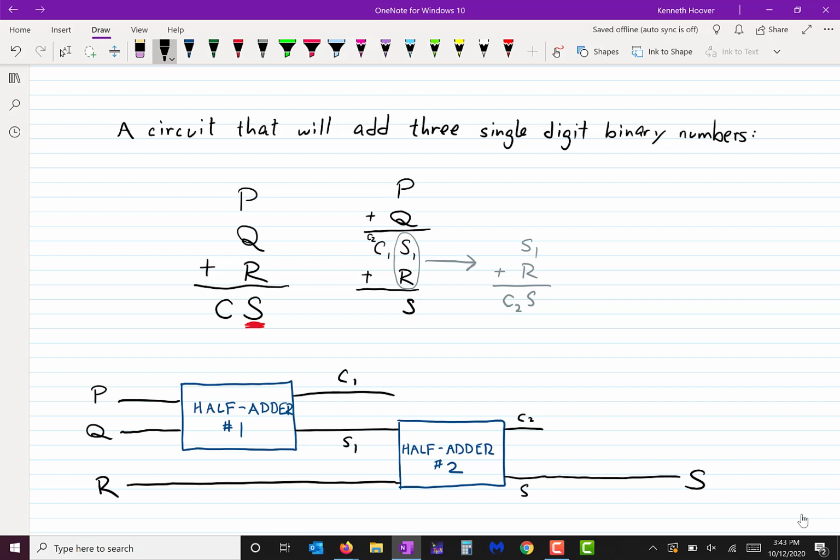If C1 is a 1 and C2 is a 0, then what should go down here? Would be a 1, right? I said if C1 is a 1 and C2 is a 0, then we should get a 1 down there. If C2 is a 1 and C1 is a 0, then we should get a 1 down here.